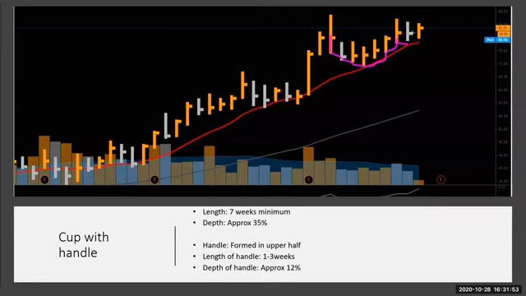Carlos, what about cup with high handle? Does that pattern exist? Yeah, that pattern does exist. We've seen that too, and we'll be able to look at additional patterns later on as well. I've planned this presentation to be roughly 90 minutes with an additional 30-minute Q&A at the end.